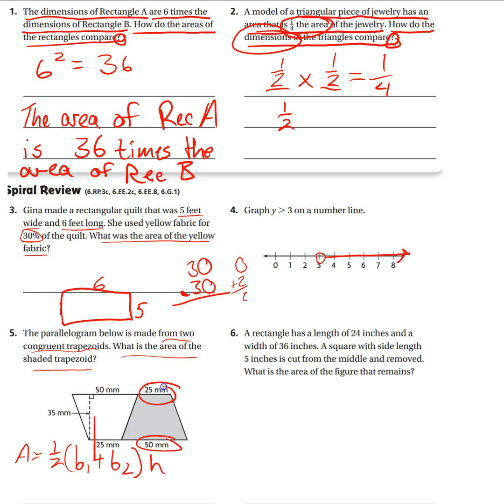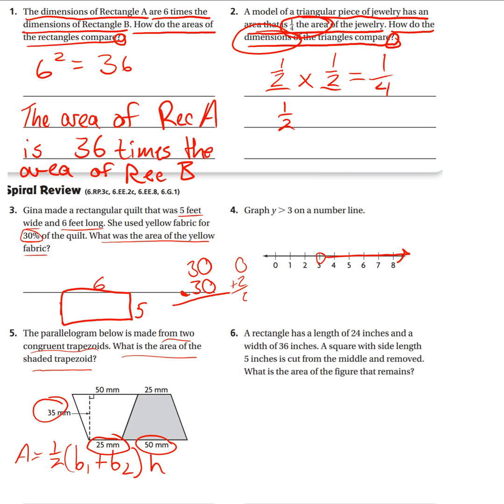Here's base 1, here's base 2, here's the height. Or, if you don't like doing area of a trapezoid, you can do area of the parallelogram, which would be this plus this times this, and then divide by 2.